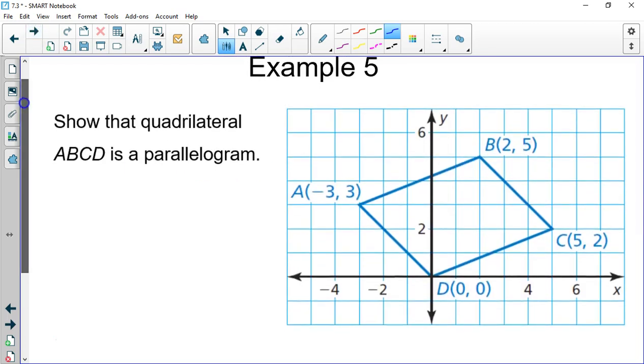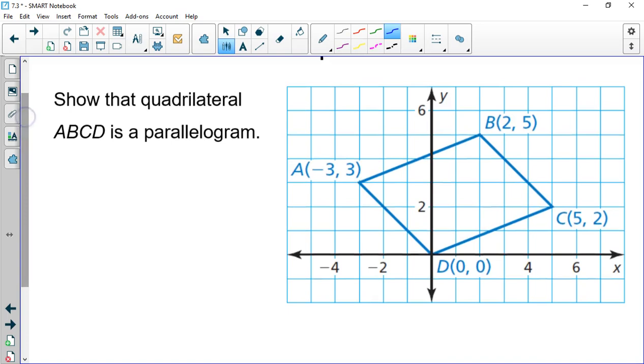Okay, now these problems are a little bit of work, but they're not too bad. We can do this a lot of different ways. We want to prove this is a parallelogram. So basically, the quickest way is just pick one pair of opposite sides. So you do whichever one you want to do.